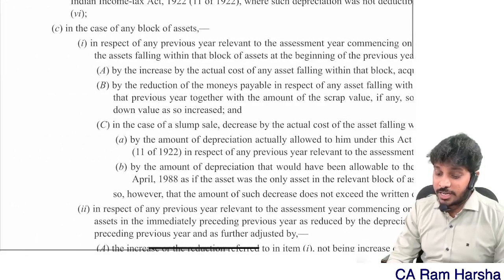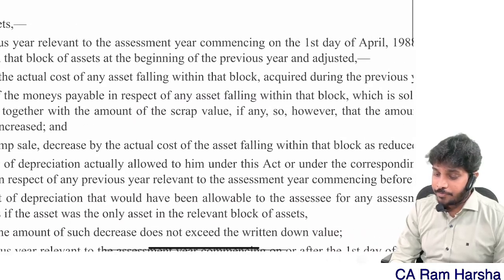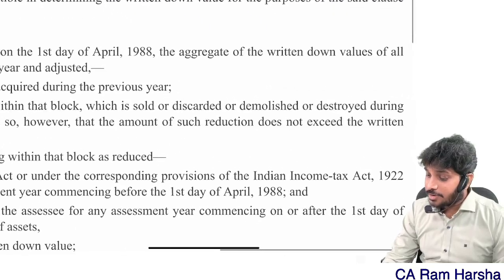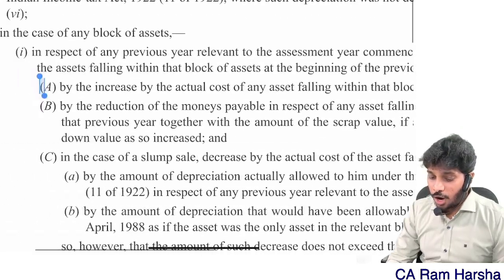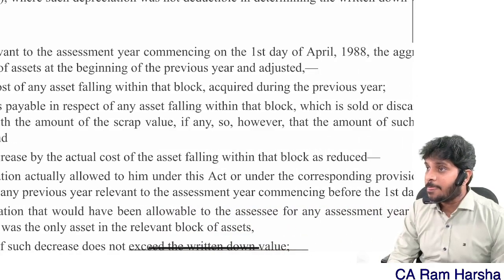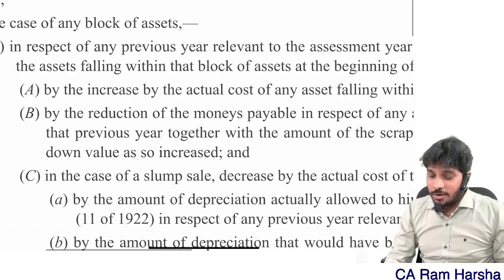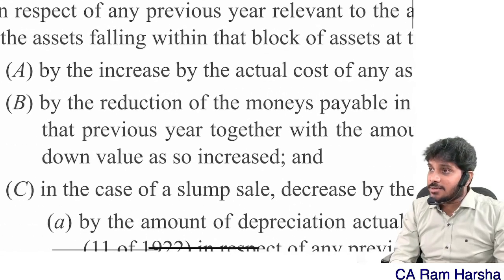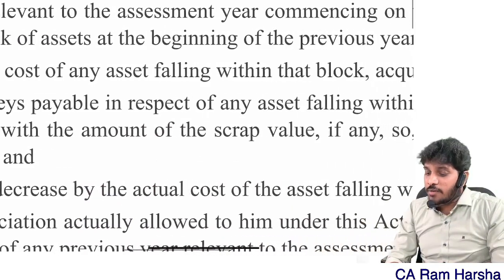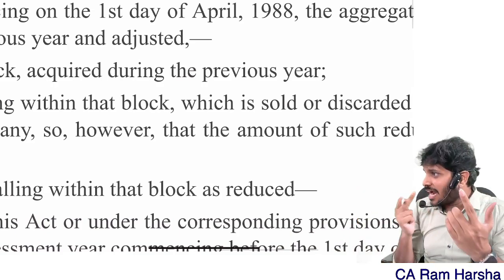Written down value means the aggregate of written down values of all the assets falling within the block at the beginning of the year, the opening value, adjusted by an increase. Increase means add. What should you add? The actual cost of assets falling within the block acquired during the year.